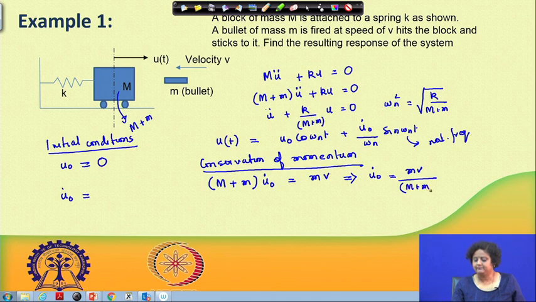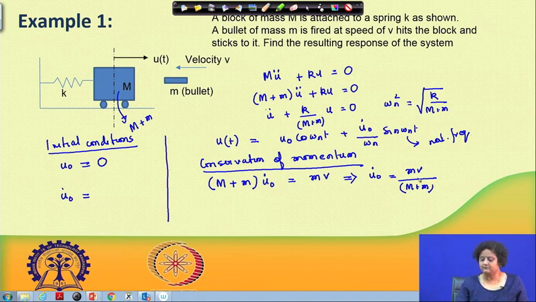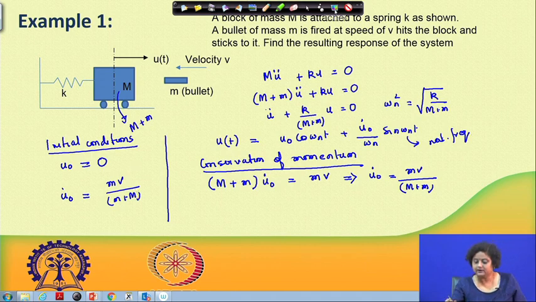Now our problem is solved. We have got u0 equals 0, and u dot 0 equals m v by (m plus M). We just have to put these initial conditions into this equation.